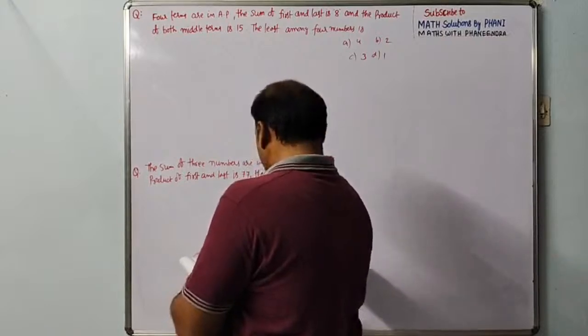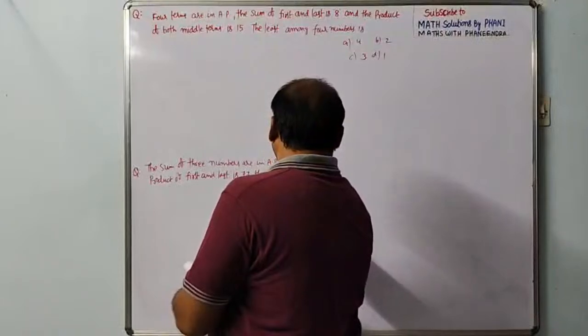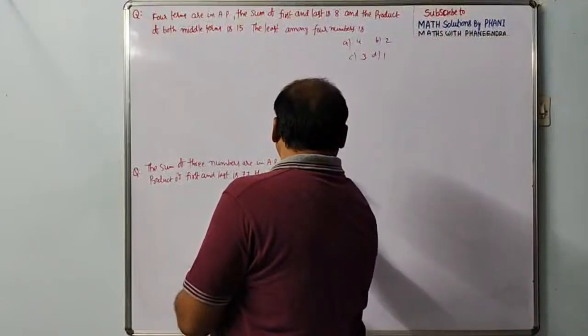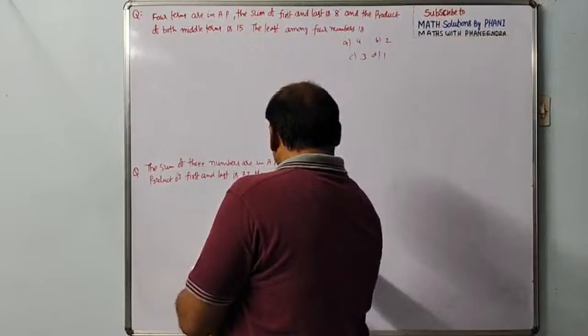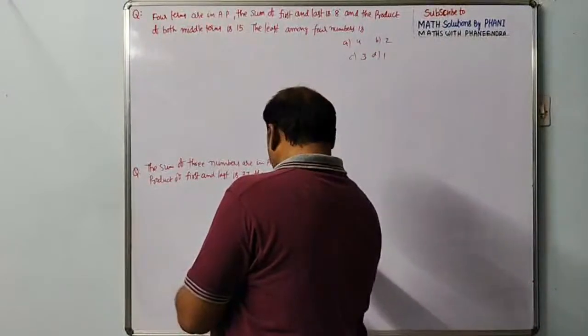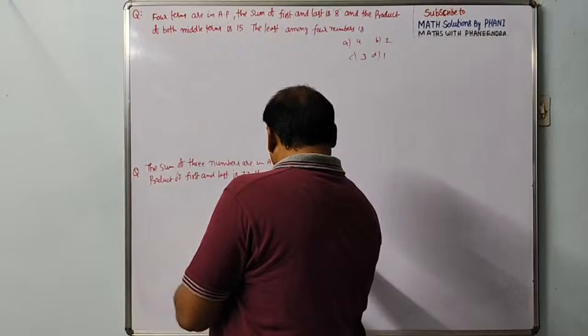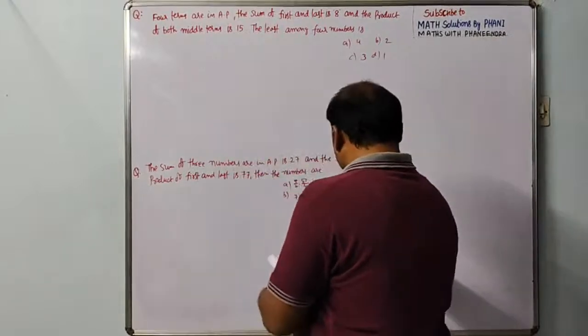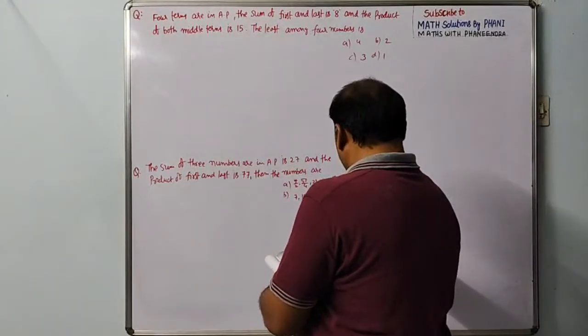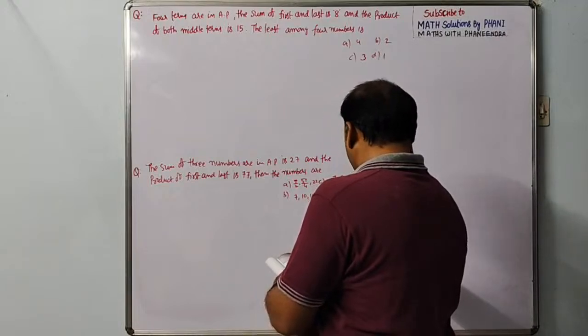Then the numbers are, so options: 7 by 2, 51 by 4, and 22; 7, 10, 11; 7, 9, 11; 6, 9, 12.